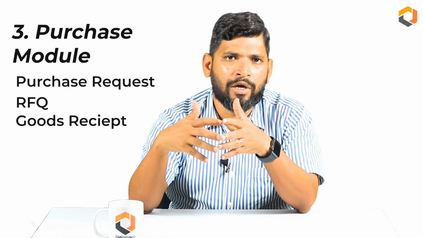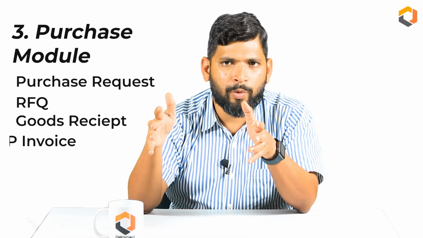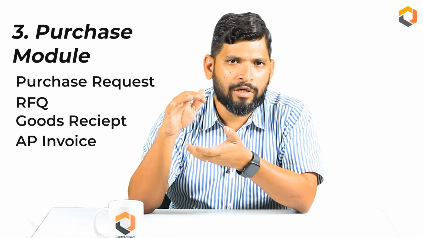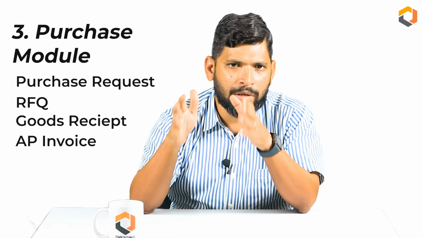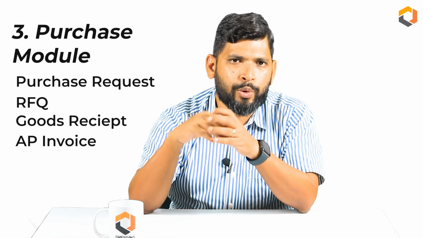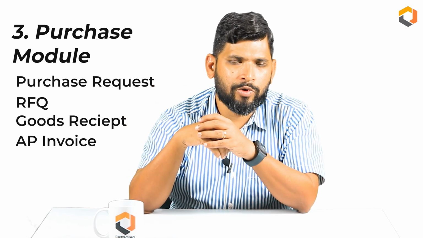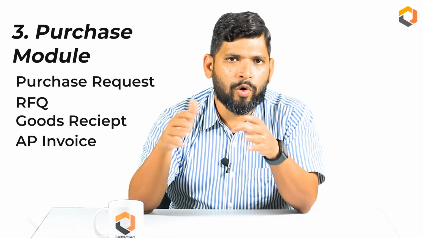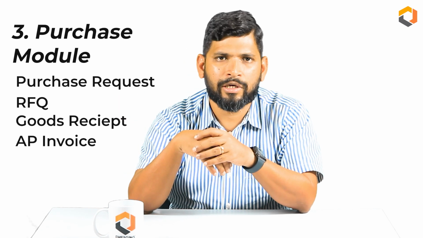Based on this, you have the next module, which is accounts payable invoice or AP invoice. In this module, whichever are the goods which are cleared for payment basically comes up, and you can create the AP invoice for those items, and an invoice for the supplier gets booked. The countdown for the payment starts based on the credit terms.